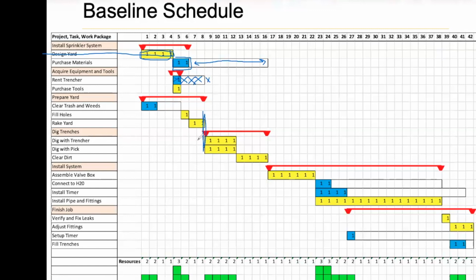I gotta dig with a trencher. To dig with a trencher, I gotta purchase it, if I don't have it. Let's assume I don't have it. That's why it stops there. So you have the slack time to move forward and backward a little bit. That's where we will use our resource leveling. Okay, that's how we will do it.